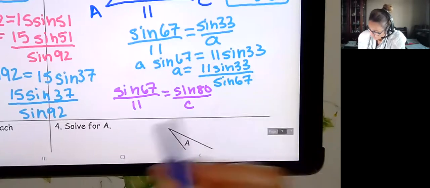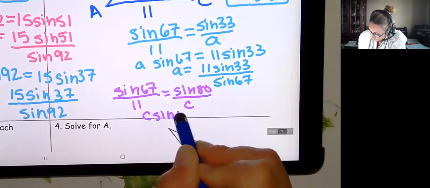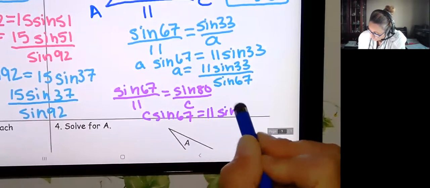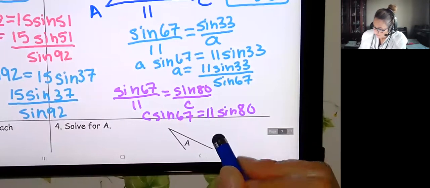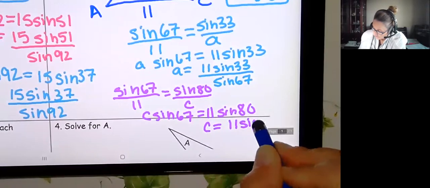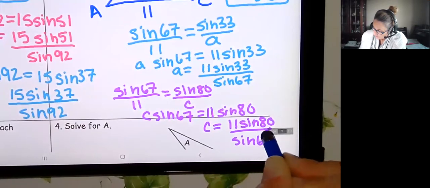So when I cross multiply that, I'm going to get C times sine of 67 equals 11 sine of 80. I am going to divide both sides by sine of 67. So C is going to equal 11 sine 80 over sine of 67.